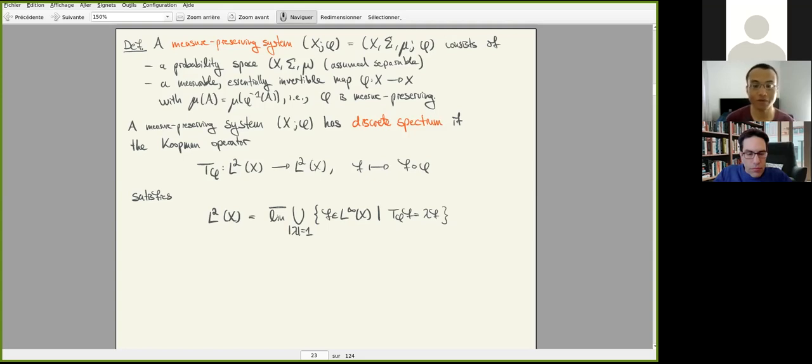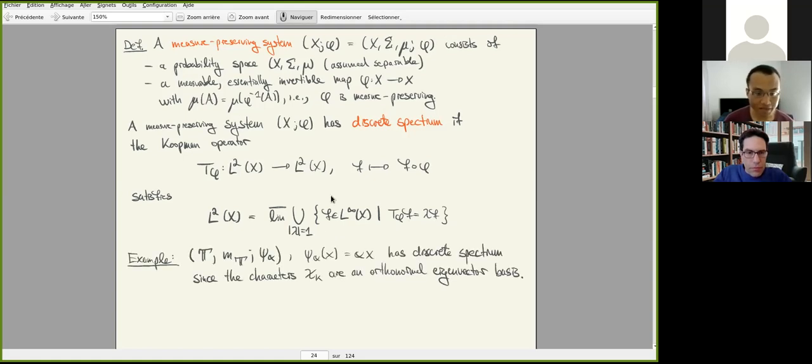So one has to work on the functional analytic level here. Okay, and the usual example is, of course, again, the rotation. So this has discrete spectrum since, well, what are the eigenfunctions? The eigenfunctions are, again, just the characters as in the topological setting. And here they are even an orthonormal eigenvector basis. So in particular, they generate all of L2 of X.